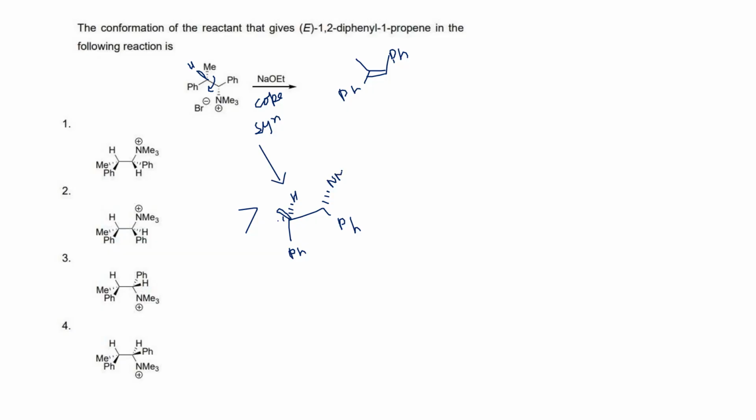But from the options, this type of product is not given. So we have to rotate this carbon-carbon bond until we get the same geometry as in the product.